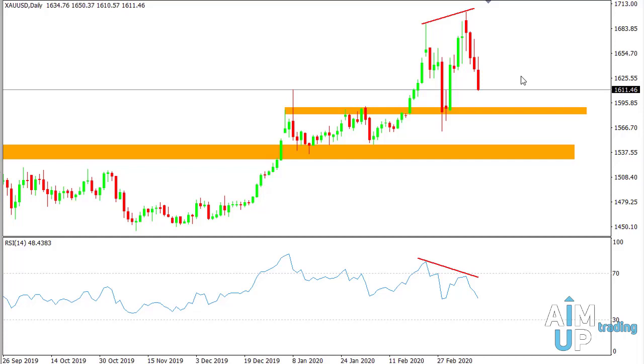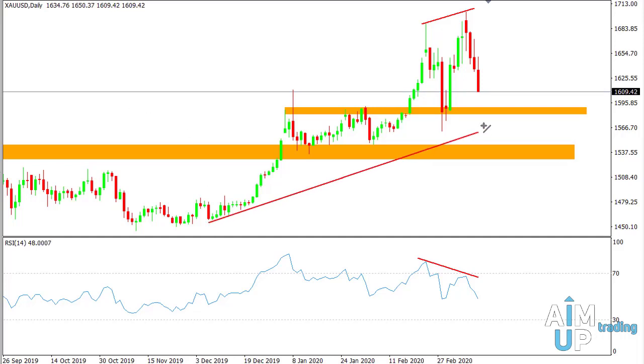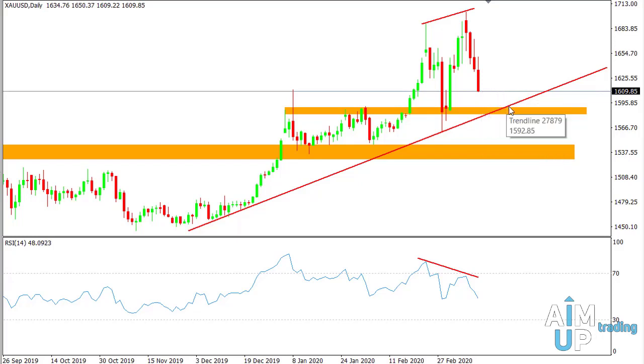And just so I can show you, I'm going to draw this trend line, and you can see how the price reached this trend line a second time, and now we believe that it's going to go back and retest this zone. As you can see, we have the buffer zone right there. Also, we have the trend line, which is another thing in our direction, which gives us the confidence that the price most likely is going to test this zone.